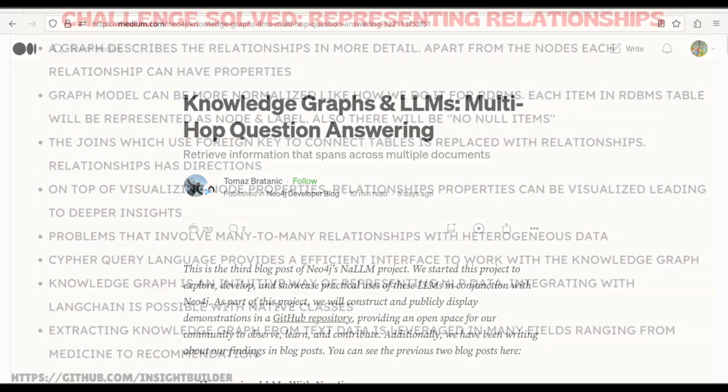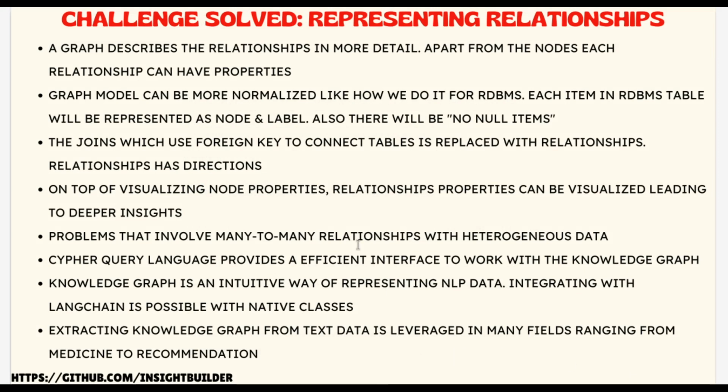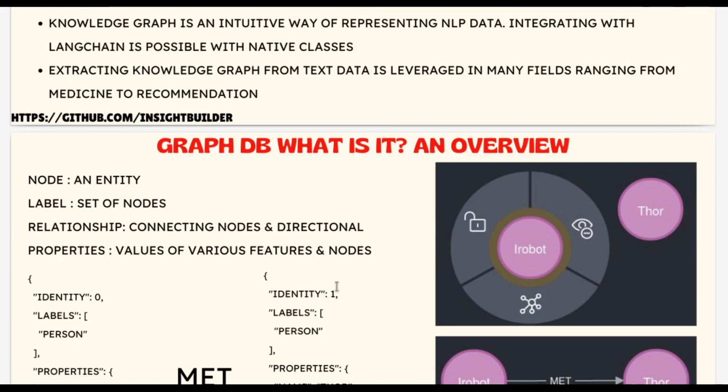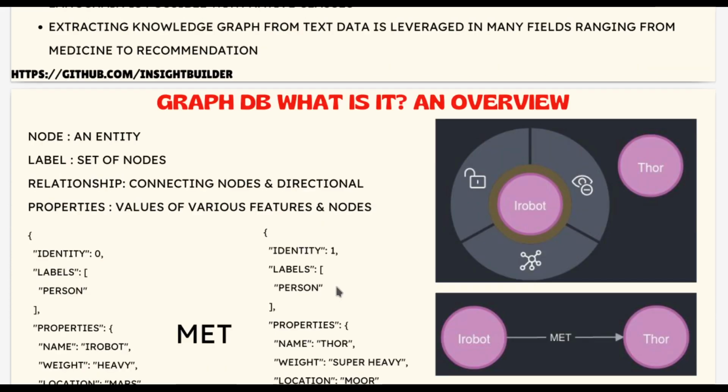The discussion that I am going to have today is actually a primer. Knowledge graphs are like any graph. They have nodes and relations, and these nodes and relations sit inside a particular domain, which is called a label. Each of these nodes and relations can have their own properties.